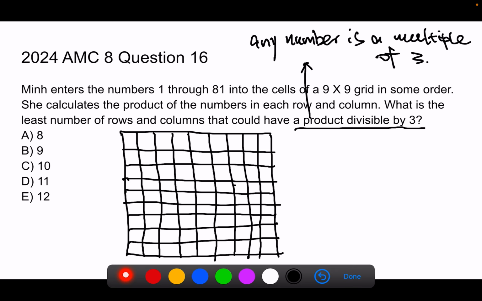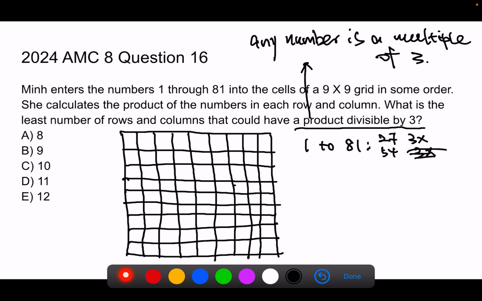Well, from 1 to 81, how many numbers are divisible by 3? 27 numbers, because 81 divided by 3 is 27. So there are 27 multiples of 3, and 54 not multiples of 3. Cross those out, not multiples of 3.